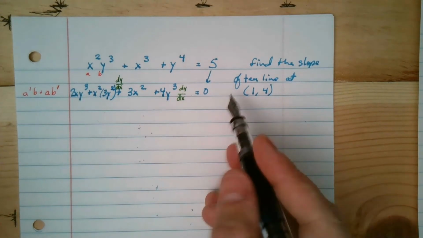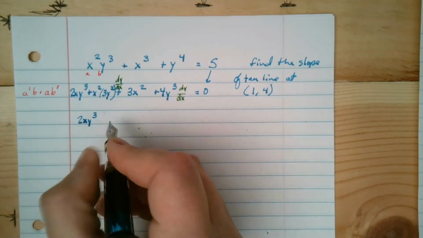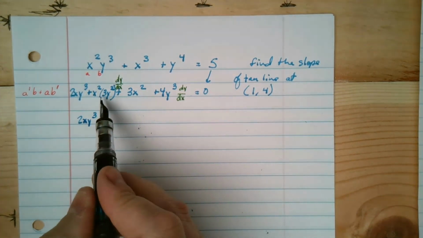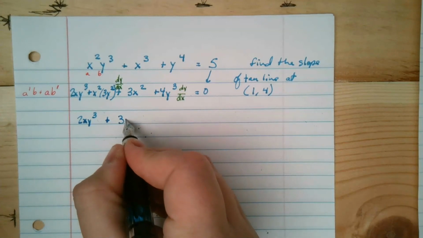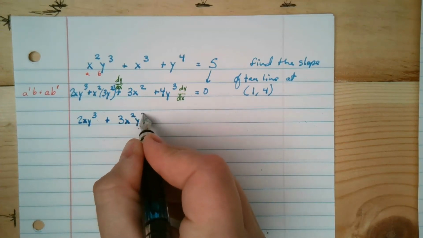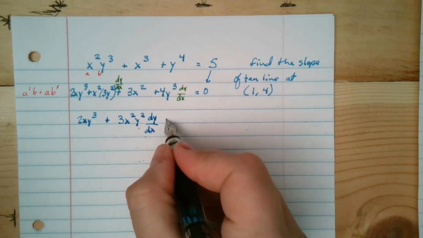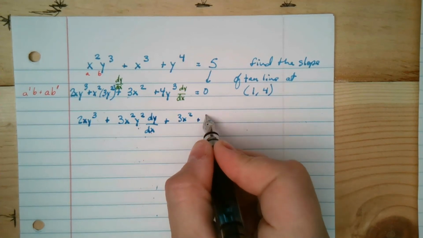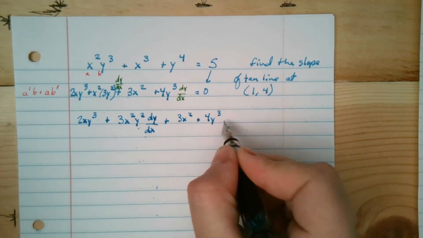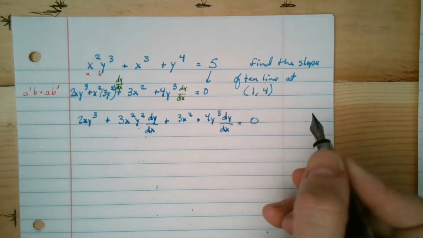So I'm actually just going to rewrite this so that it's clear. It's going to be 2xy cubed plus, and I'm going to put this 3 out front, 3x squared y squared dy/dx plus 3x squared plus 4y cubed dy/dx equals 0.